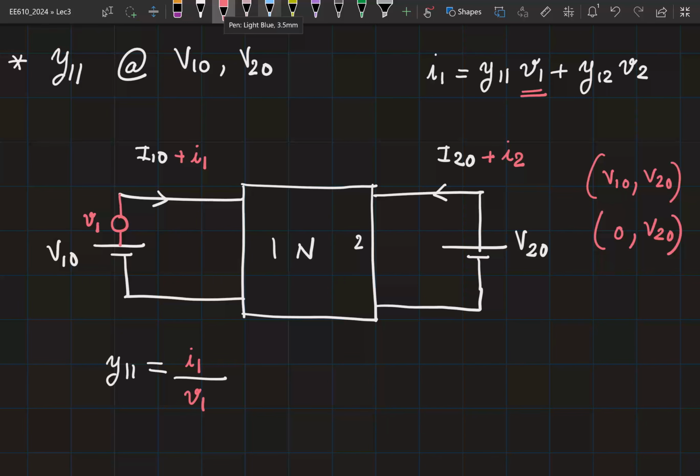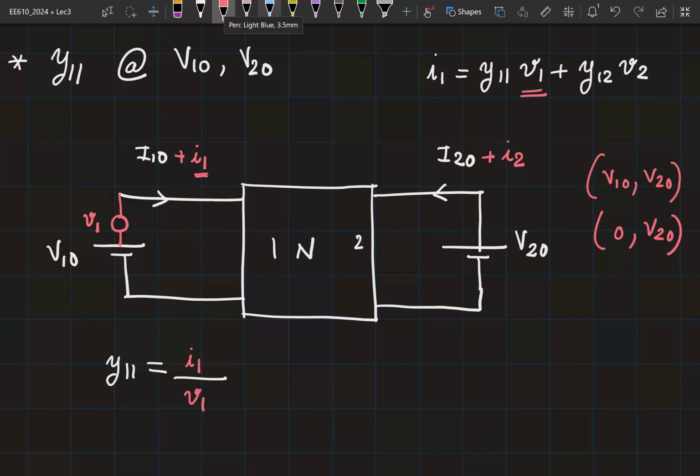Your I1 value, the incremental I1 value, is going to be different. Right. So in the first setup, you would measure I10. In the second setup, you measure I10 plus i1. Right? Simply make sure that the instrument you are using for measuring has good resolution to capture i1 also. Then you take the difference and you have the incremental i1.